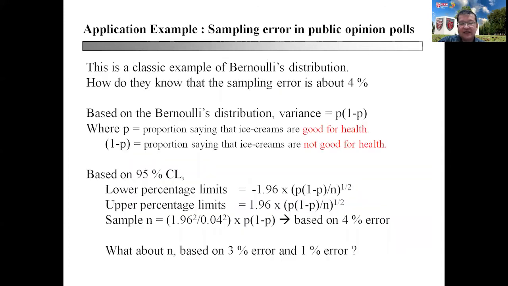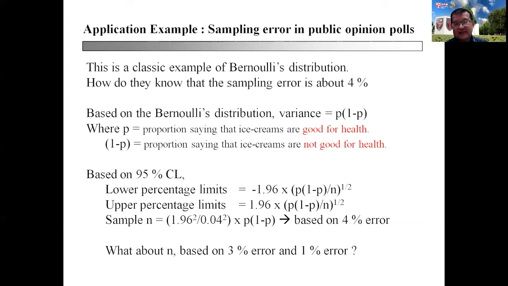Now let's see. This is a classical example of Bernoulli's distribution. Remember at the first slide, we are able to predict the population variance using this particular formula: P multiplied by bracket 1 minus P, where P is the proportion of agreeing to something, whereas 1 minus P is the proportion of not agreeing with something.